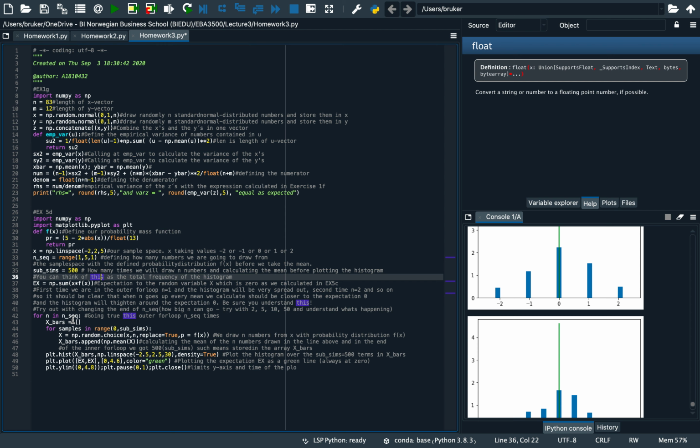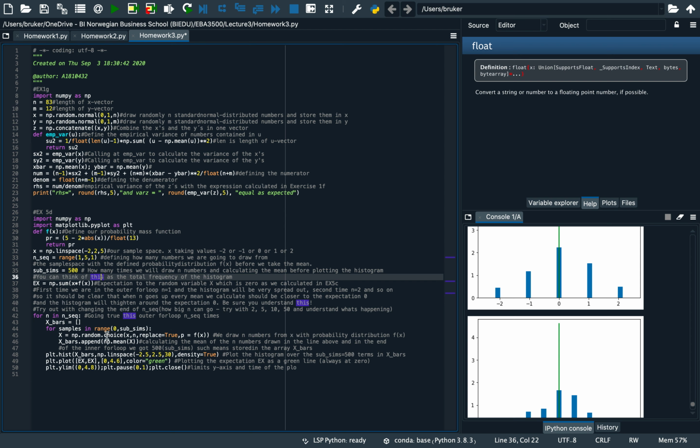So first we go into this outer for loop, n is equal to 1. Then we draw 500 numbers and calculate. Then we go into the second for loop and draw 1 number and take the mean of it. And we do this 500 times, so we have 500 means of 1 number. But that's actually 500 numbers, because the mean of 1 number is the same as the number.